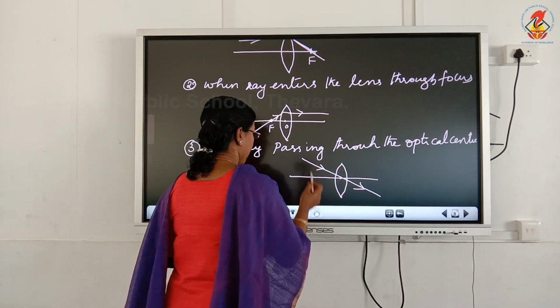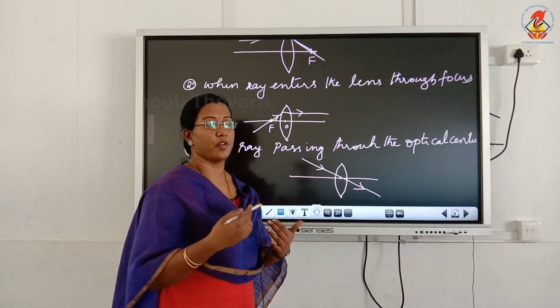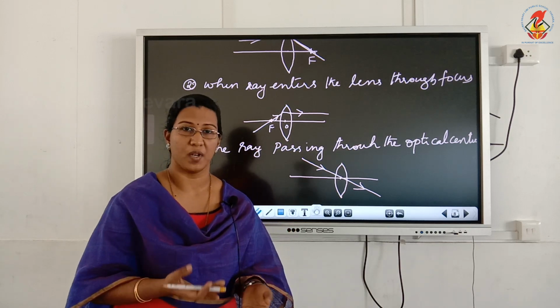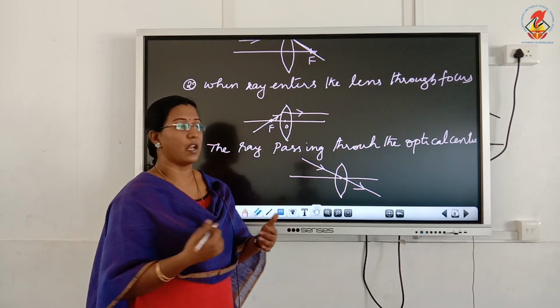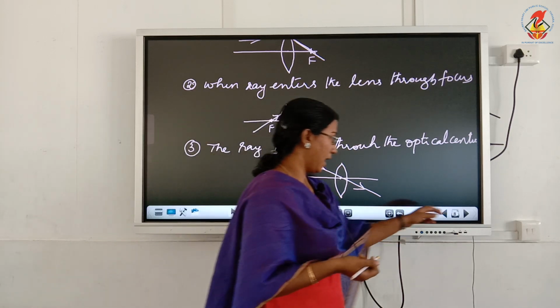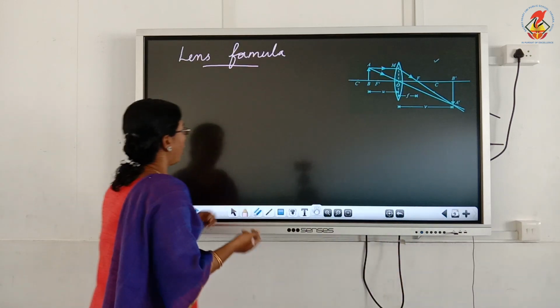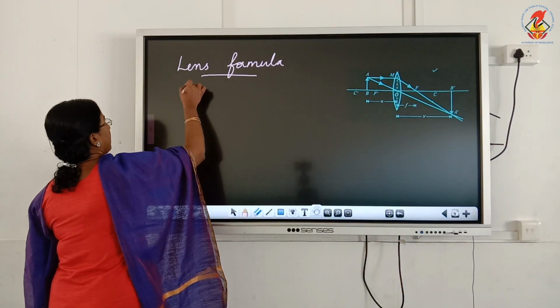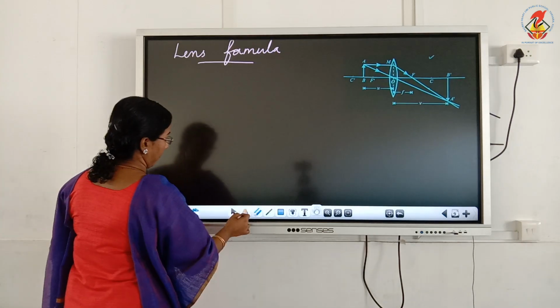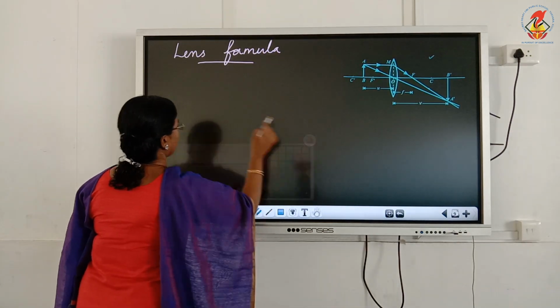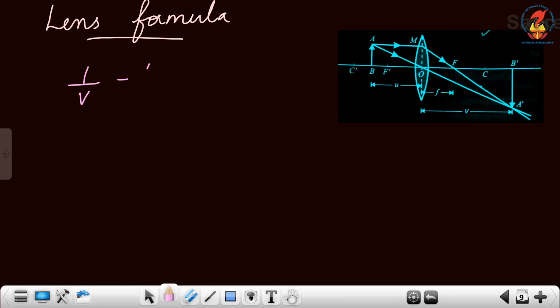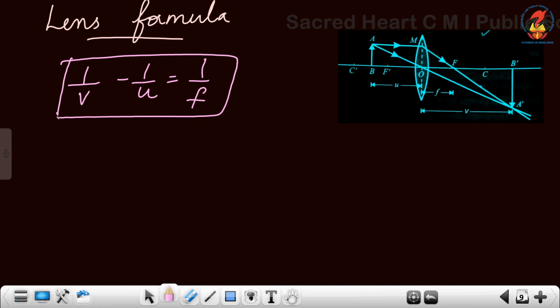Now the assumptions which we used for deriving the lens maker's formula, the same assumptions we use while we are deriving the lens formula. The lens formula is the formula which relates image distance to the object distance and focal length, that is 1 by v minus 1 by u is equal to 1 by f.